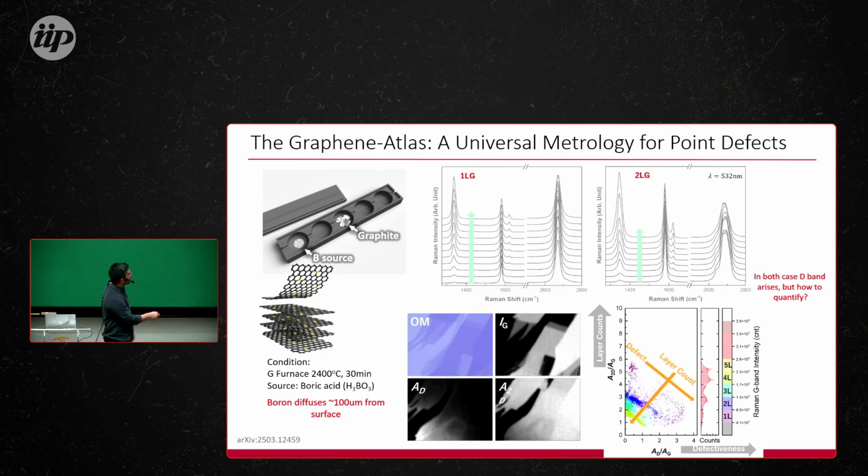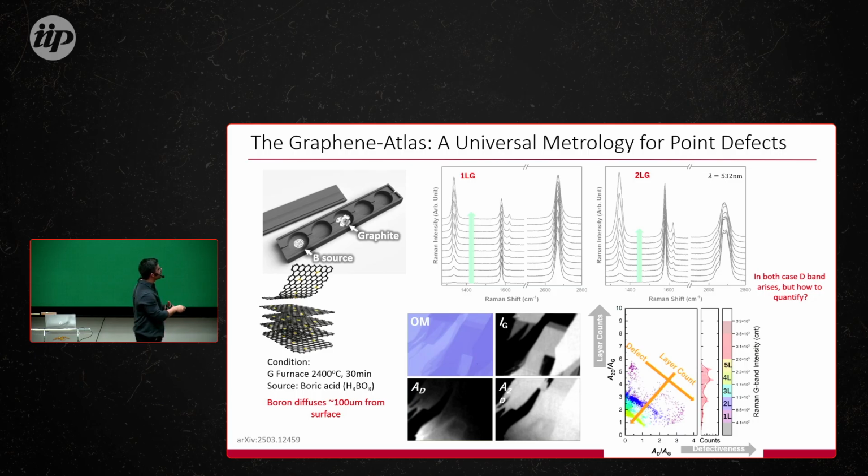By exfoliating, we get these optical microscopy images. Here we have different numbers of layers. Not quite sure if you can see it there, but here are very thin layers representing graphene. And it does work because the boron diffuses about 100 microns from the surface, so it's quite deep into the crystal that we synthesize, and we can just exfoliate that.